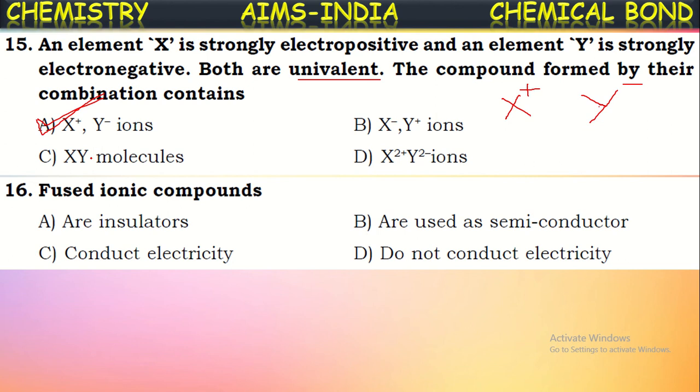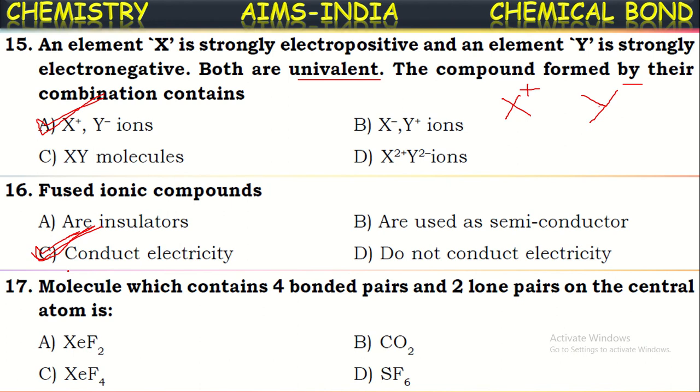In the fused state as well as in the aqueous state, ionic compounds split into their respective ions, and hence because of the presence of ions, they can conduct electricity. So in the fused state as well as in the aqueous state, ionic compounds conduct electricity. Okay, next one.